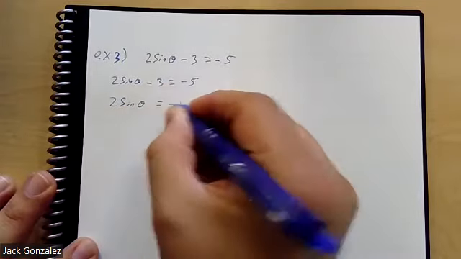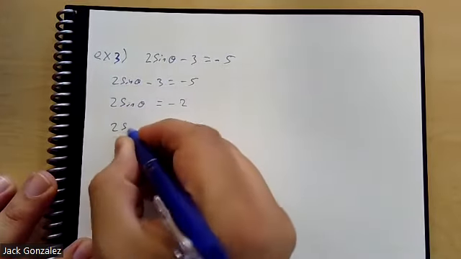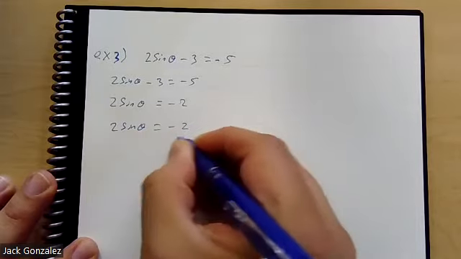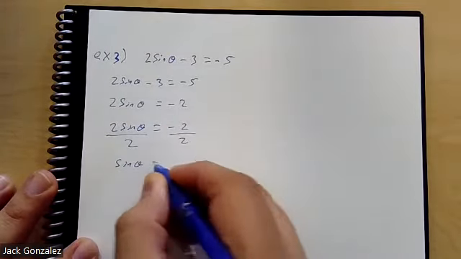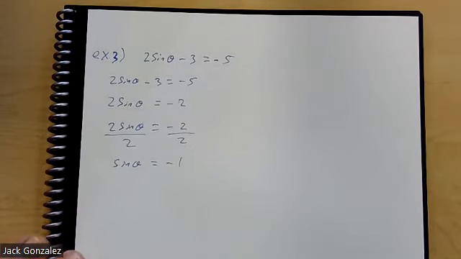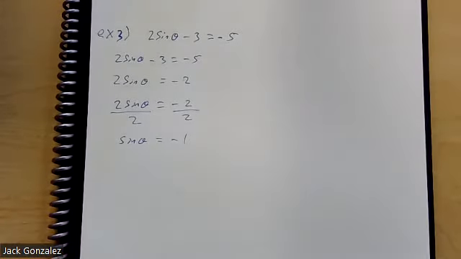That'll give us -2, right? Divide by 2. We have solve for sine. So at this point, you can just look it up on your circle. Sine is -1 at which angle?